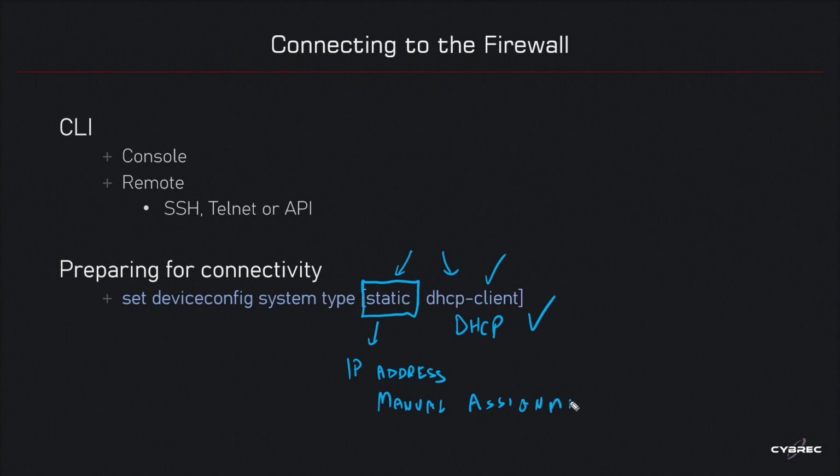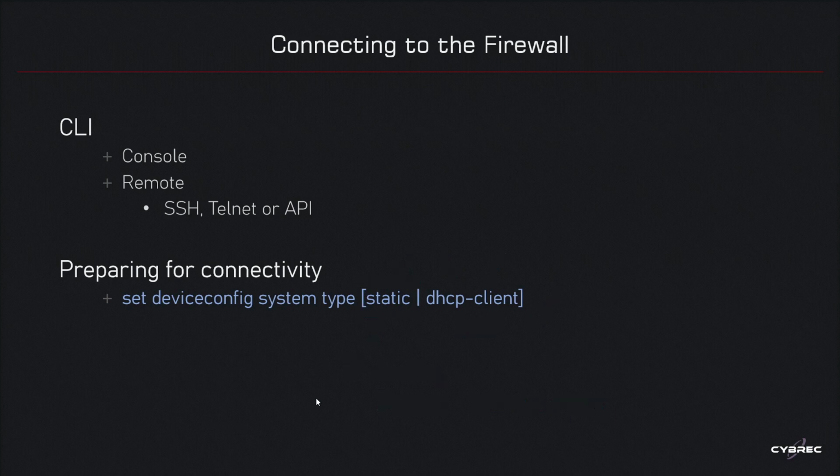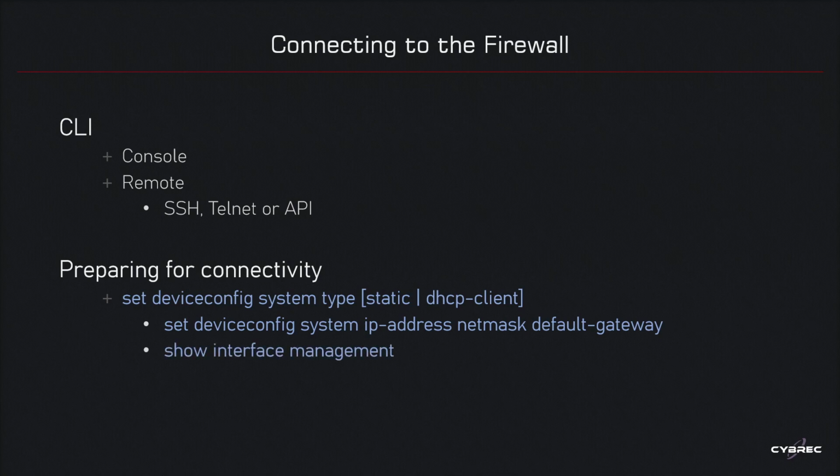In the second case, we will also have to specify the address itself, which we will do with the other command, set device config system IP address. Once we are done with that, we will say show interface management to quickly take a look at the results of the configuration. Let's go ahead and take a look at this.